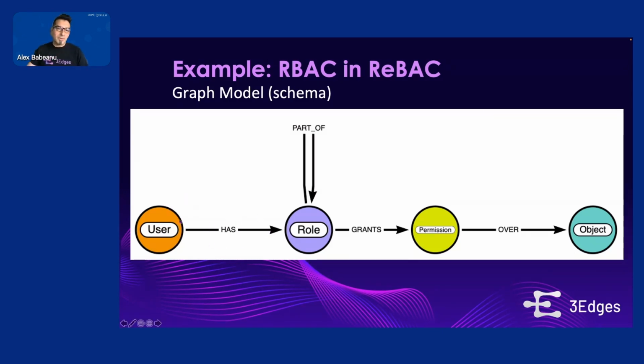In this model, we've expressed RBAC. Users may have roles. Roles may be part of a hierarchy. A role may grant a permission over an object. We're protecting the object here. So ReBAC is all about finding the path between the subject or the user and the thing we're protecting, the object in this case. If we find a path in the data between those two, then we grant access.